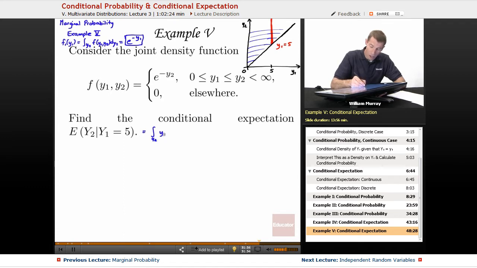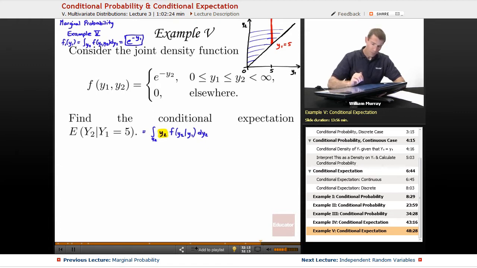Of, here's the new part, the new element is y2 times f of y2 given y1, y2 conditioned on y1, dy2. So the new element there is that y2 in order to calculate the conditional expectation.